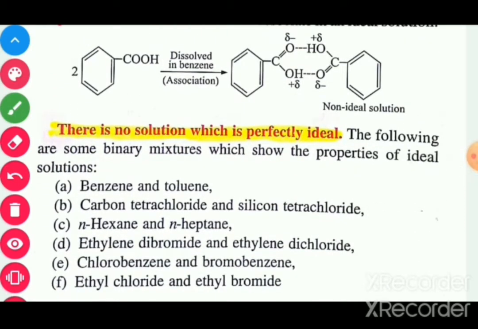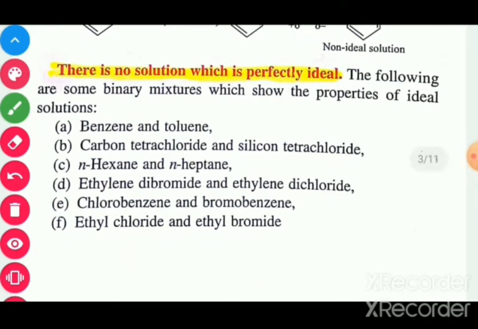There is no solution which is perfectly ideal. The following are some binary mixtures, that is solutions, which show properties of an ideal solution: benzene and toluene, carbon tetrachloride and silicon tetrachloride, normal hexane and normal heptane, ethylene dibromide and ethylene dichloride, chlorobenzene and bromobenzene, ethyl chloride and ethyl bromide.